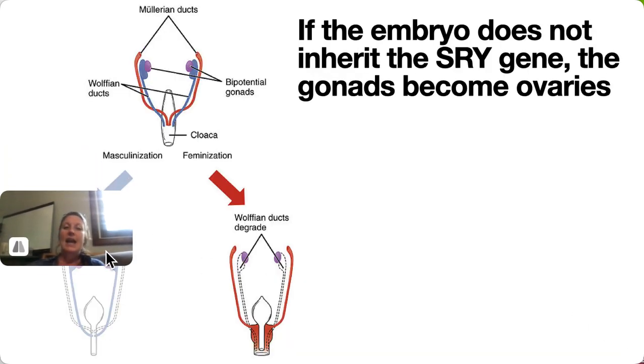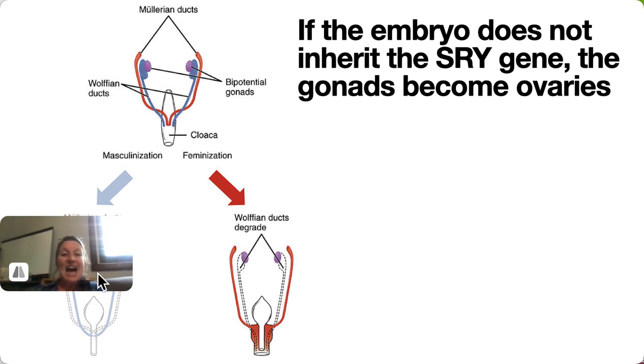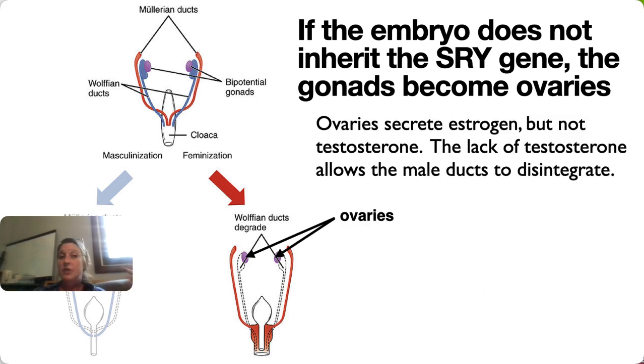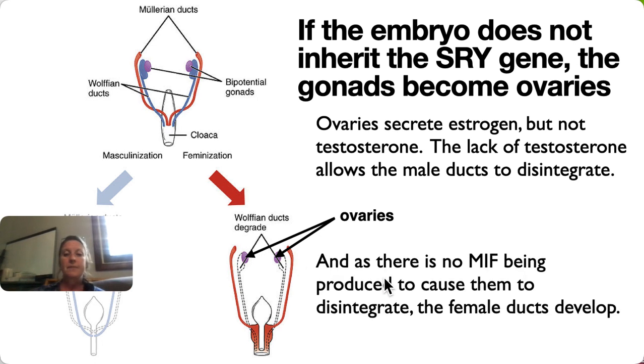Now, if the embryo does not inherit the SRY gene, the gonads become ovaries. Ovaries secrete estrogen, but not testosterone. And the lack of testosterone means that the male ducts disintegrate. They need testosterone to protect them and keep them from being destroyed.